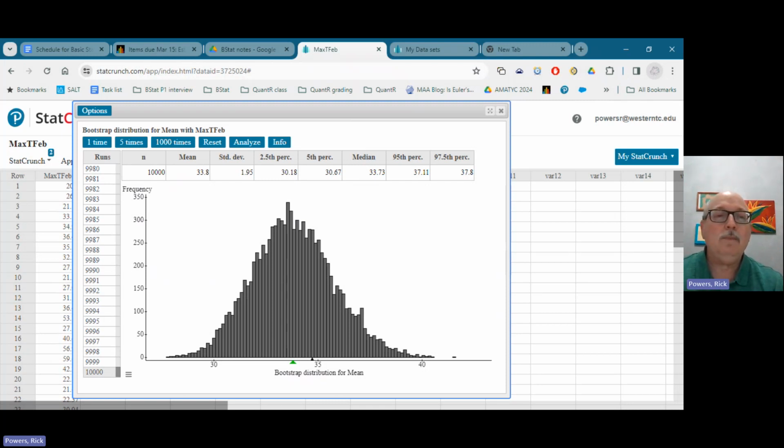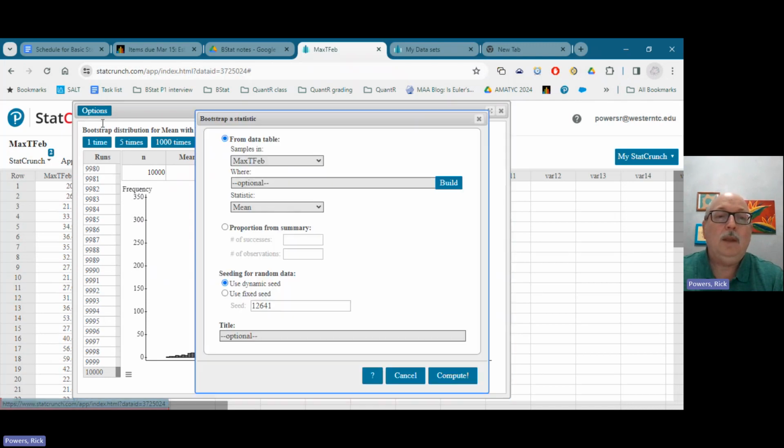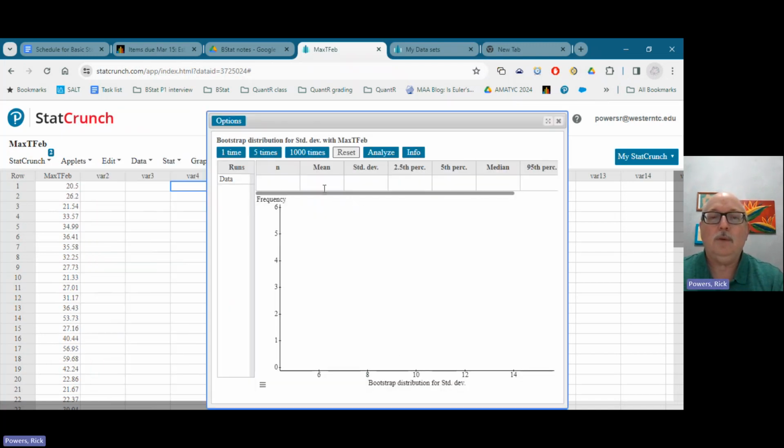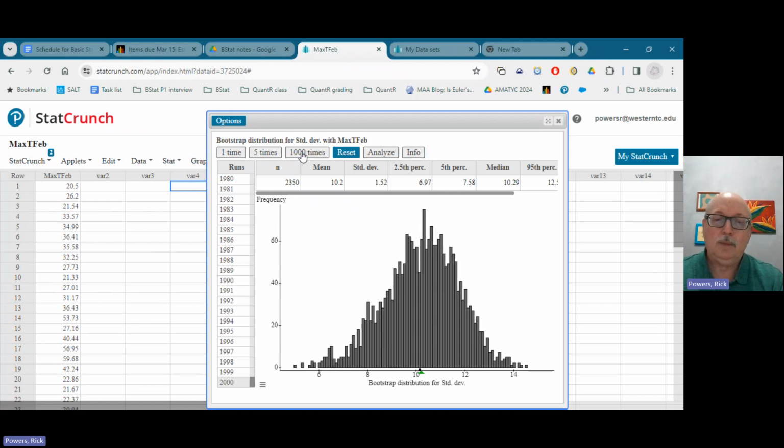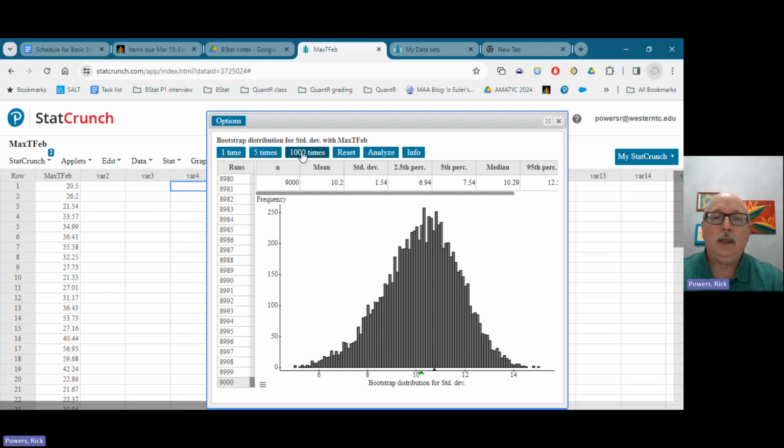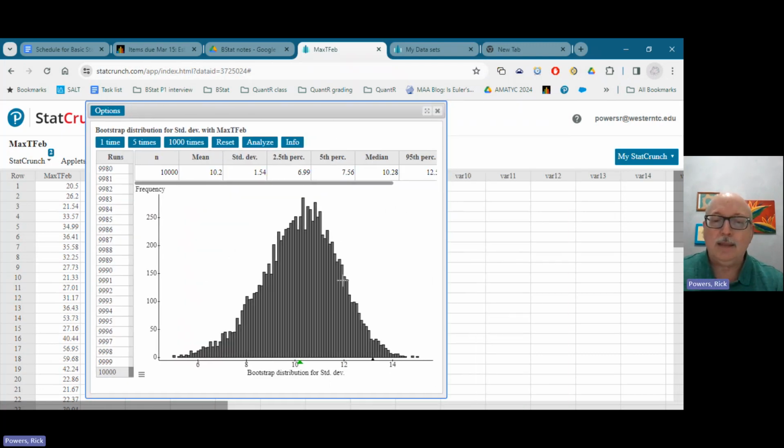All right. We can bootstrap the standard deviation and say, well, what maybe is the standard deviation for this? And we compute that. Okay, so we do that a few thousand times. Let's go up to 10. Now this is clearly, again, not the same on both sides.